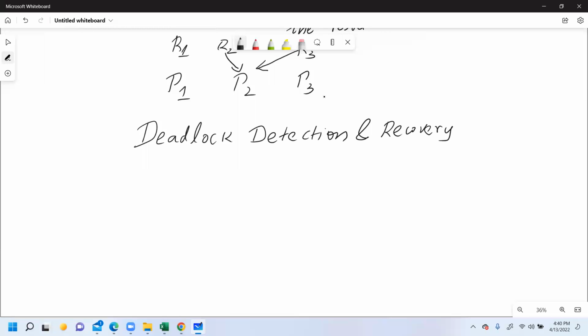See, I think I have written the notes here. I think this is deadlock.